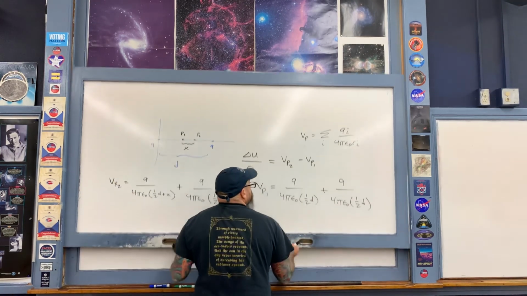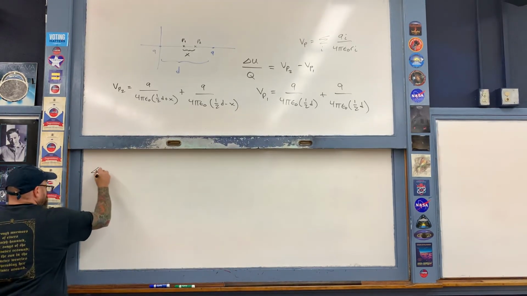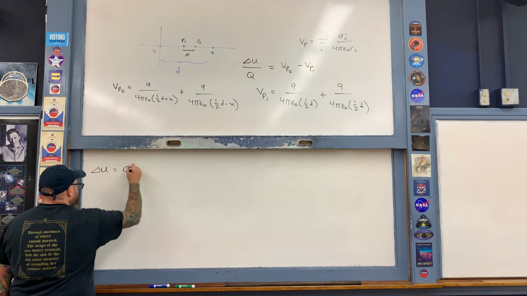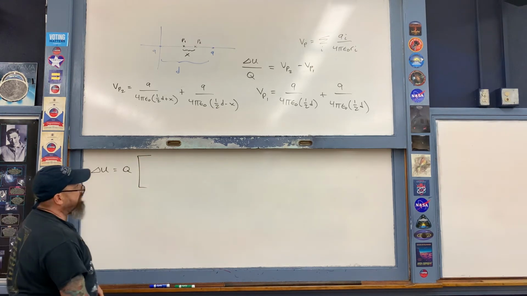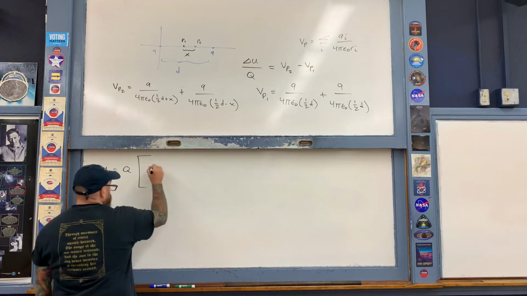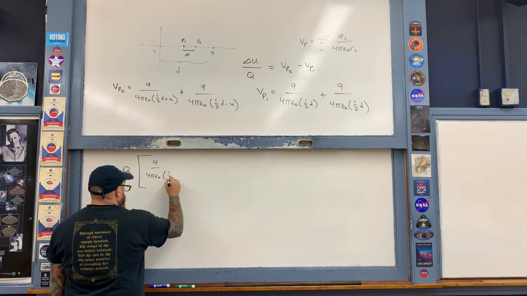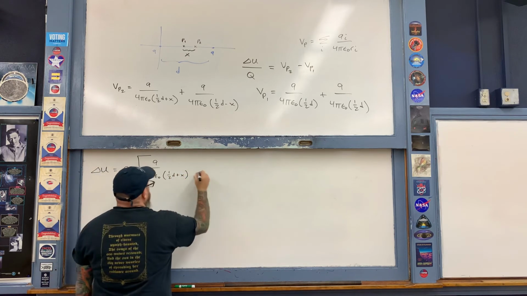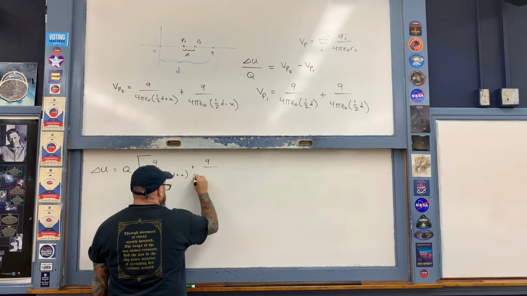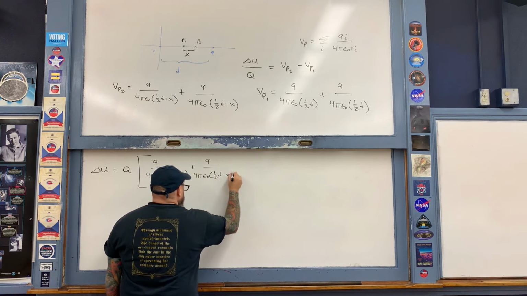All right, so then therefore, we essentially end up with kind of a mess here when calculating the change in potential energy. So the change in potential energy is going to be capital Q and then multiplied by the following. First of all, VP2, which is this thing right here. Like so.